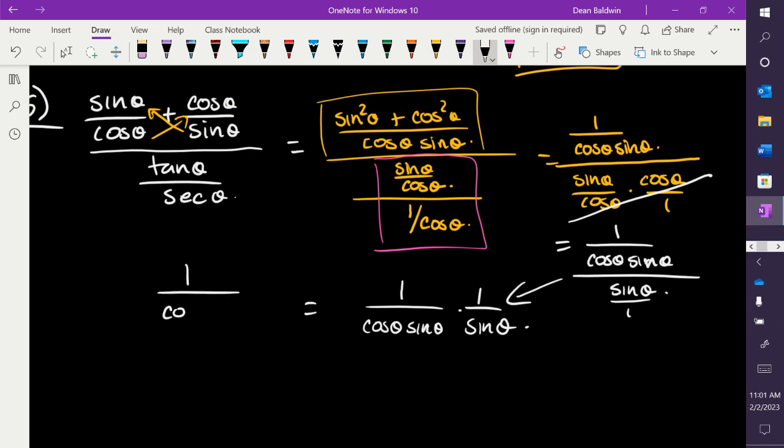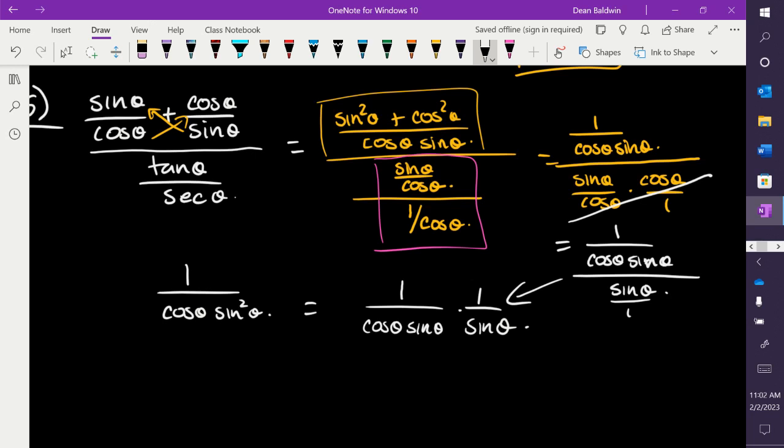So now you've got 1 over cos sine squared. Okay, you could leave it there, or what could you write? Does that clean up nicely, or does that get ugly? It gets ugly? Okay, we'll do that in a sec.